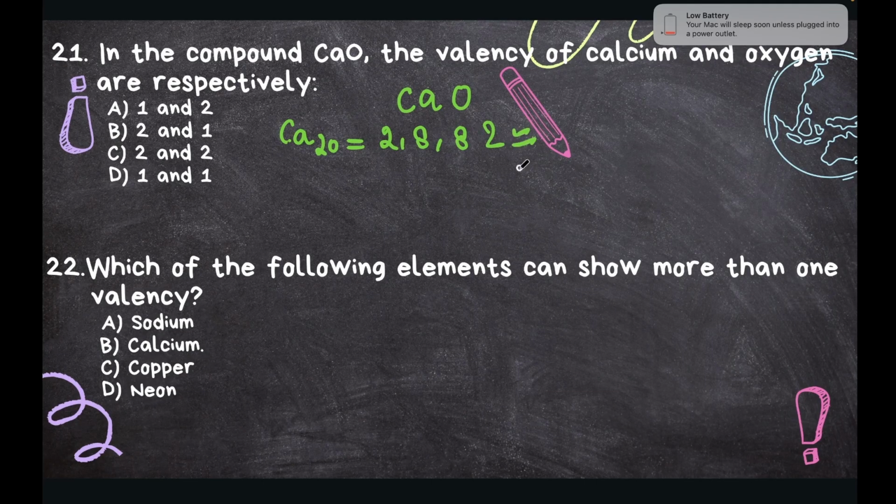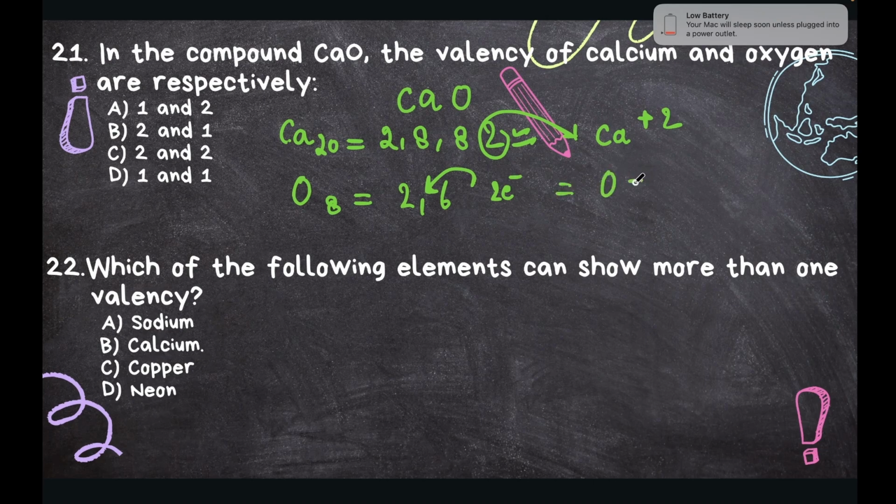So there are 2 electrons in the outermost shell and it tends to lose its 2 electrons to get stability. Valency of calcium is +2. In case of oxygen, the electronic configuration is 2, 6 and it tends to gain 2 electrons to get stability. So the valency of oxygen is -2.